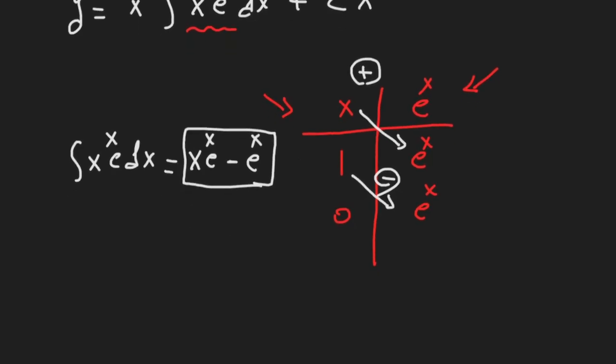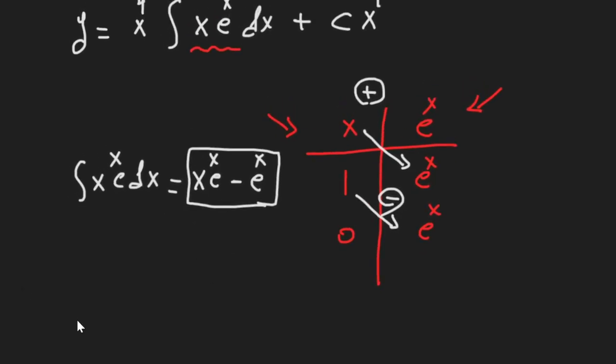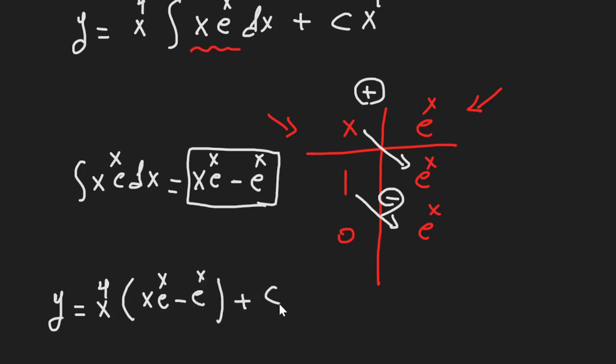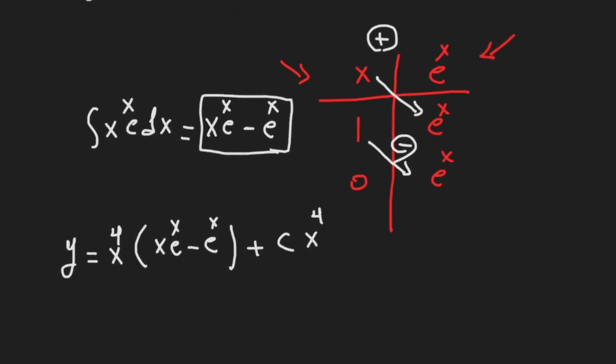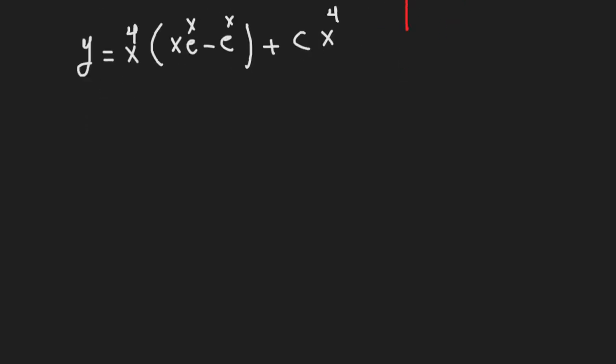So now we have y equals x to the 4 times x e to the x minus e to the x plus c x to the 4. And you can even simplify this.